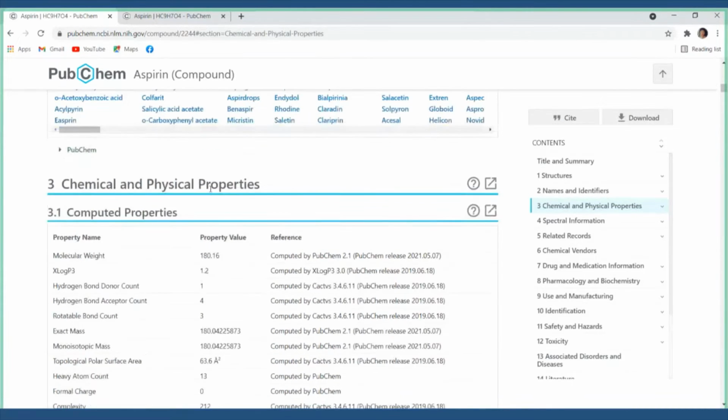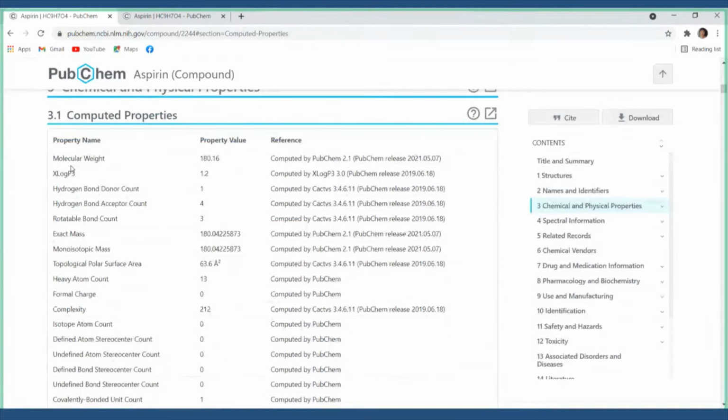Then it also gives us some chemical and physical properties of aspirin. The molecular weight is 108.16. The XLogP means it's talking about the level of lipophilicity: how soluble is aspirin in a lipid environment?